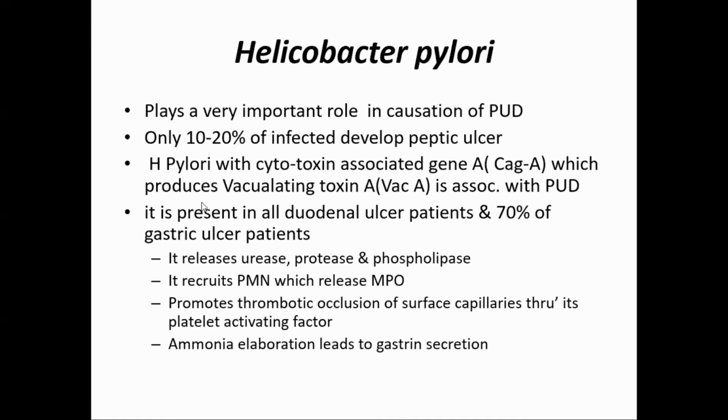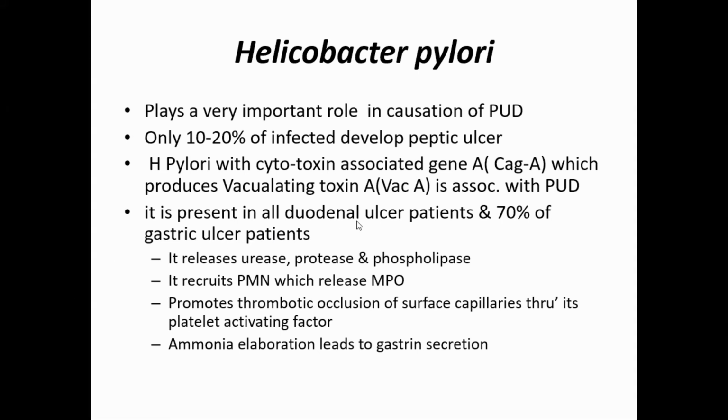So these CAG-A strains of H. pylori produce a toxin which is called VAC-A. This will lead to gastritis, and that gastritis will lead to excess acid production, and that will lead to ulceration. Once this excess of acid is there, it will not allow it to heal, so it becomes a chronic gastric ulcer or chronic duodenal ulcer.